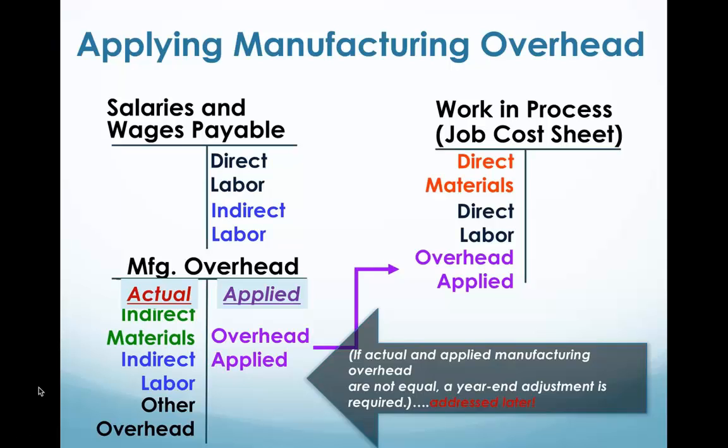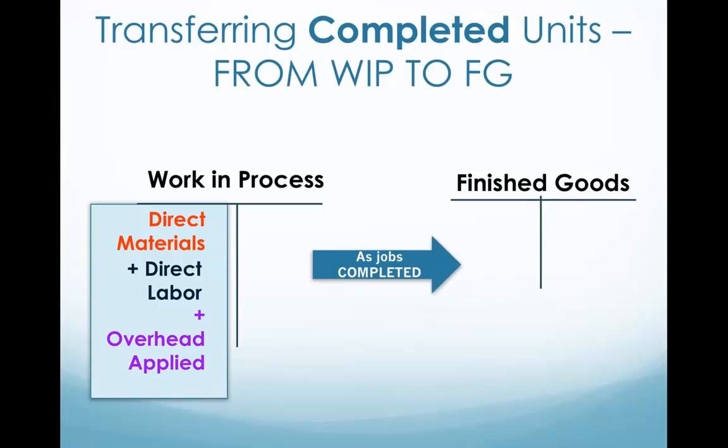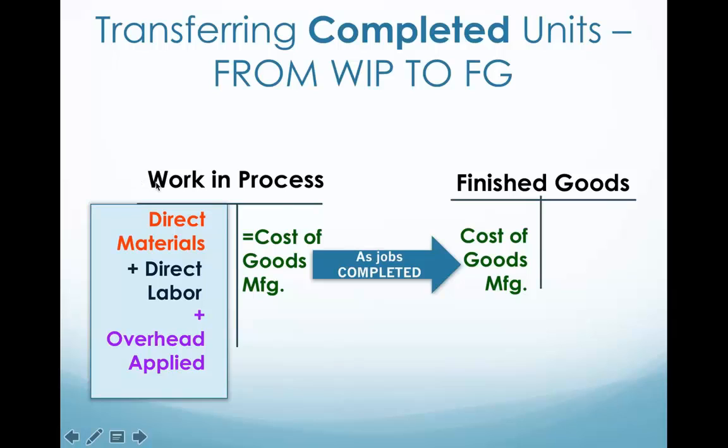And then you can see as manufacturing overhead gets applied, the amount based on the predetermined overhead rate is a credit, which goes as a debit into the work in process account. And as I mentioned before, as a job is completed, it goes from the work in process account, which included, based on the previous entries, the direct material, direct labor, plus that amount of manufacturing overhead that was applied based on the cost driver and the estimated manufacturing overhead.